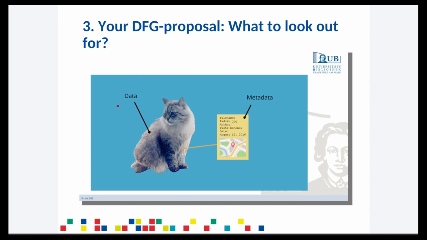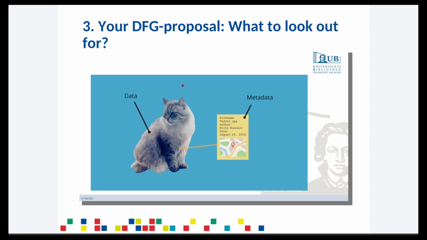And I already said a few words concerning metadata, which are very important to describe your data. So this is a picture of a cat. The cat is the data, and the metadata is what describes this species.